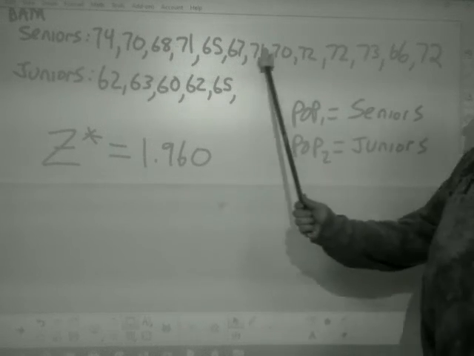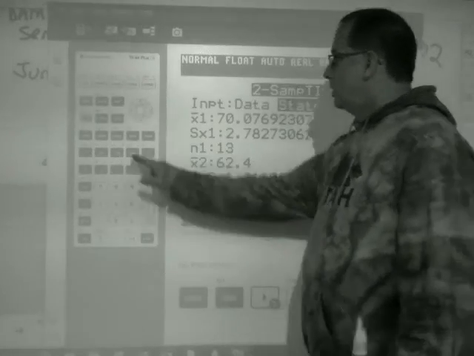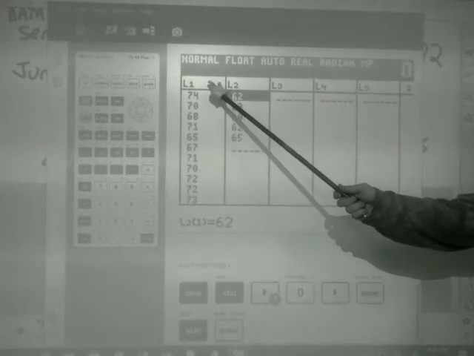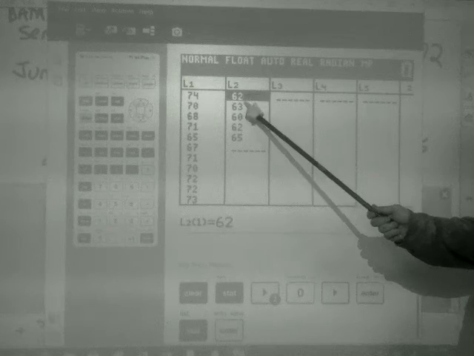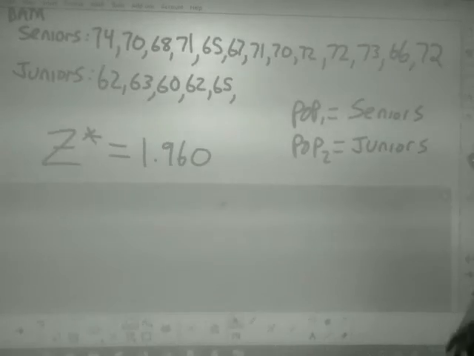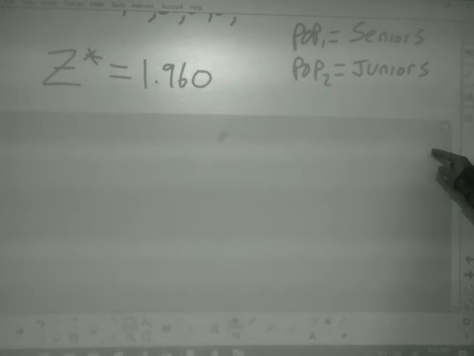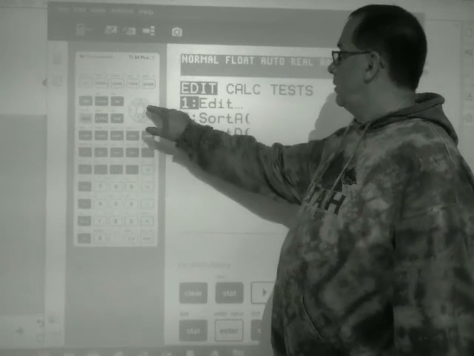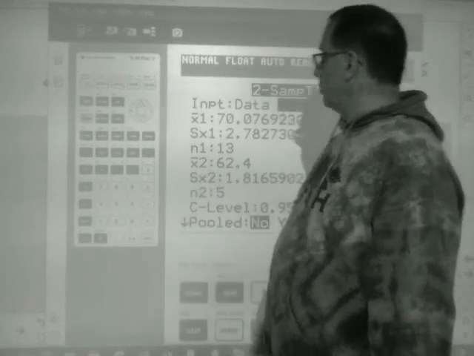I have to put all of the seniors into list 1 and all of the juniors into list 2. So I hit stat, enter. I clear out my list by going up, clear, down, and I put all the seniors in here, all the juniors in here. So here's my data already entered in. Now, once the data is in, I'm going to hit stat, arrow twice to test, 0.